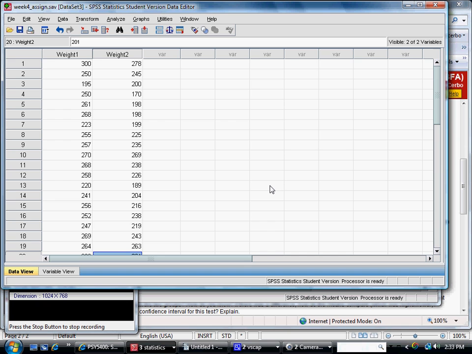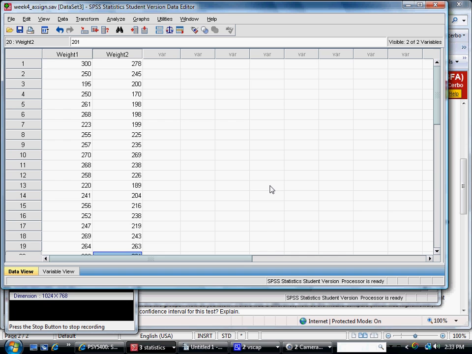Okay, let's talk about our hypotheses. Before we even look at any results, we need to be clear about what our hypotheses are, because what we're testing is those hypotheses. Our null hypothesis is always that there is no difference. The difference is null, or you can think of it as there's no effect of the thing we're studying. So the null is always going to be that the two means are equal, because if there's no effect, or if the difference is 0 or null, the means will be equal.